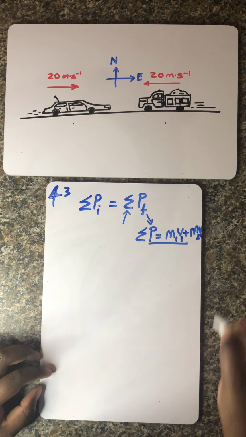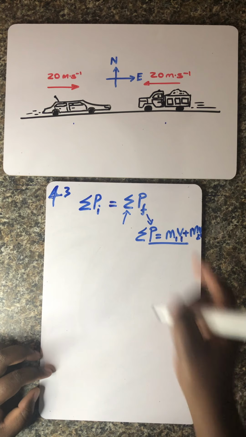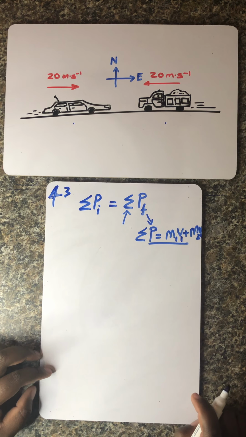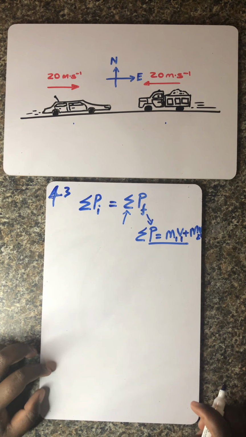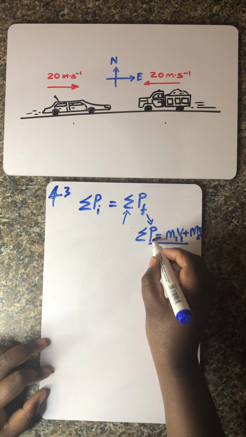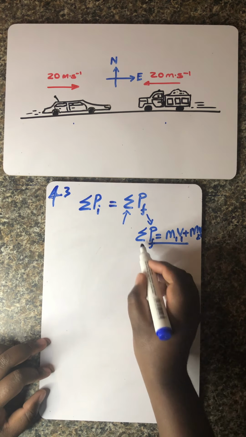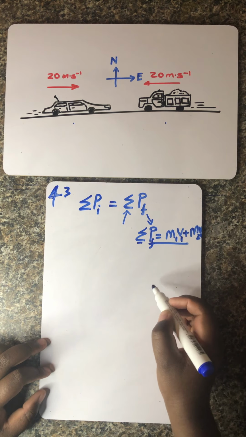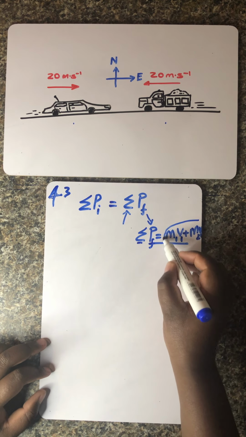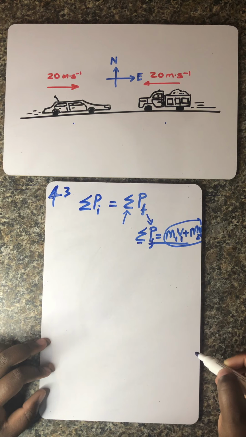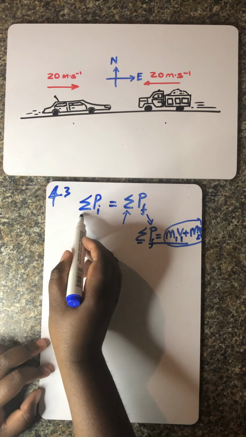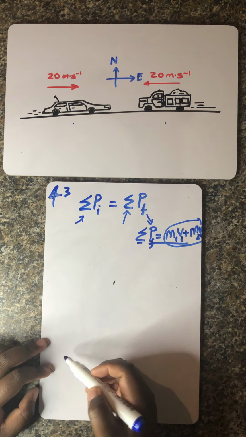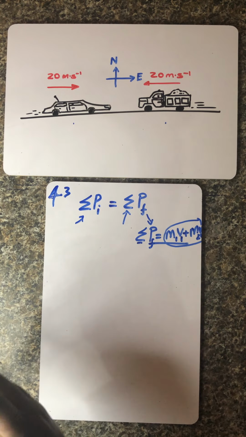So that will be the velocity 2, which refers to the velocity of the second object. Because this is the sum of momentum final, this portion focuses on the final scenario, then this will focus on the initial scenario.